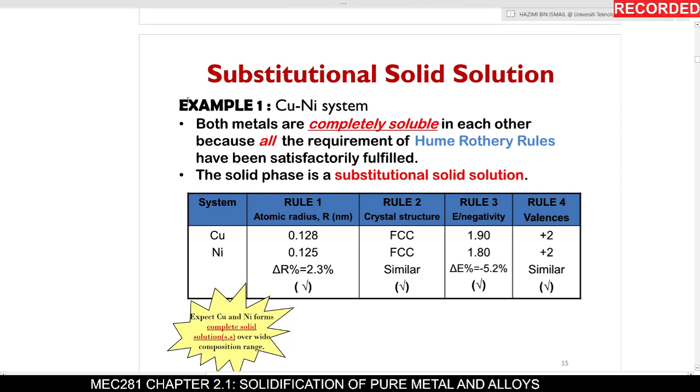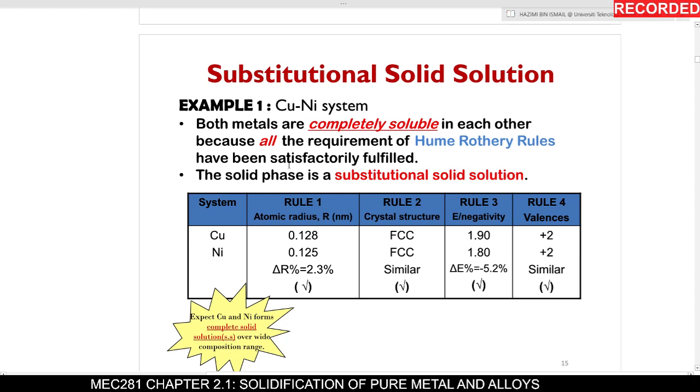You can write down the answer: they are completely soluble in each other because all the requirements of the Hume-Rothery rules have been satisfactorily fulfilled. So the solid phase is a substitutional solid solution.